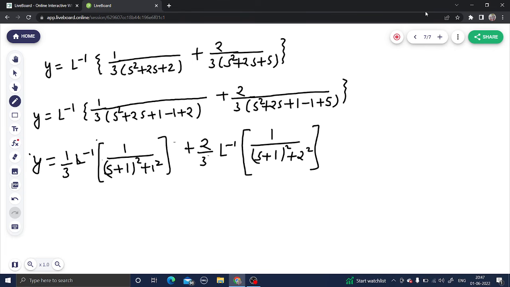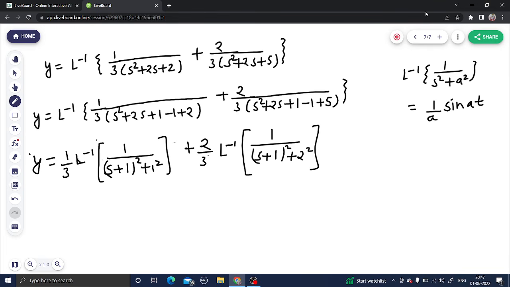Now you use the first shift. You can basically think of this as 1 upon s square plus a square. Laplace inverse of 1 upon s square plus a square is nothing but 1 by a sine at.